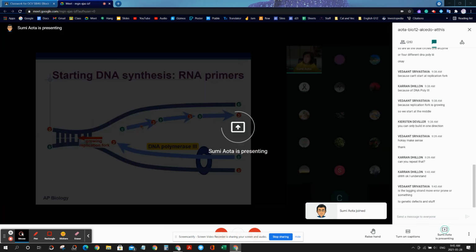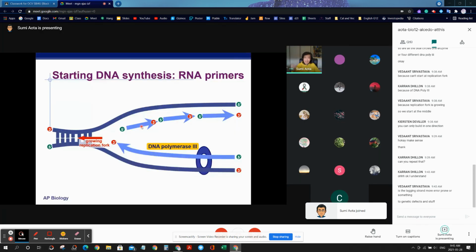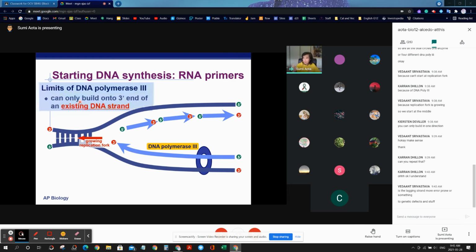Okay, so Vedant's question the other day was, how does DNA poly then know how to start these strands? How does it get going? Where do the primers actually come from? Well, remember, as I said before, DNA poly 3 can only build on the existing 3' end of an existing strand.